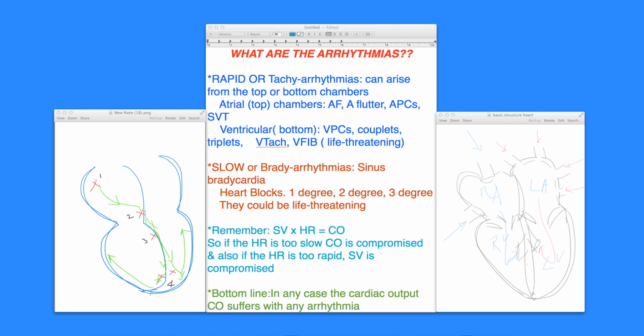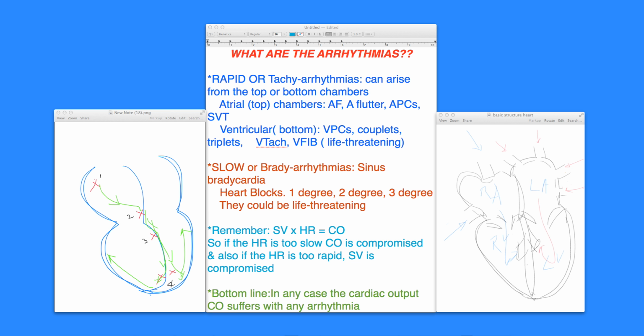Now, the take-home message here: remember the cardiac output? Cardiac output is the amount of blood that's pumped per minute through the aorta. Each left ventricular contraction gives a stroke volume. So if the stroke volume is going down, or if the heart rate is too rapid or too slow, the cardiac output will suffer.